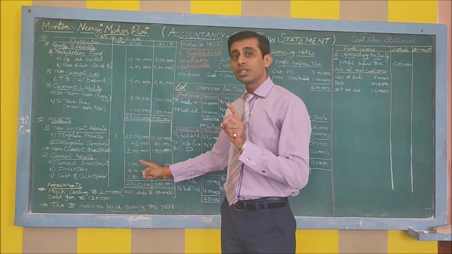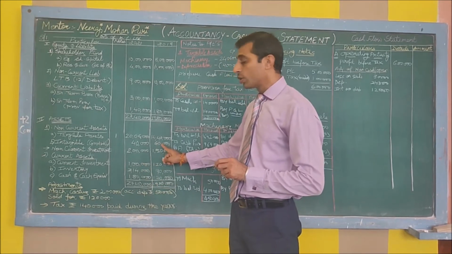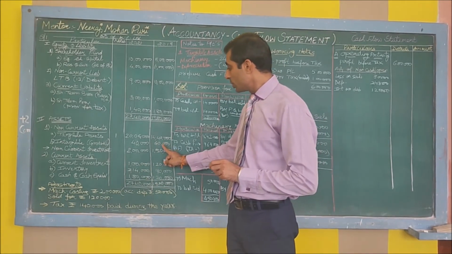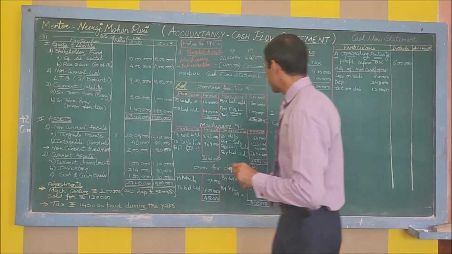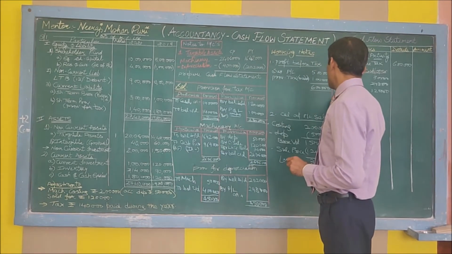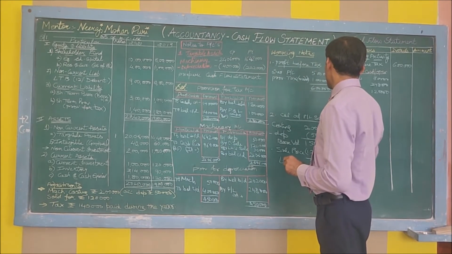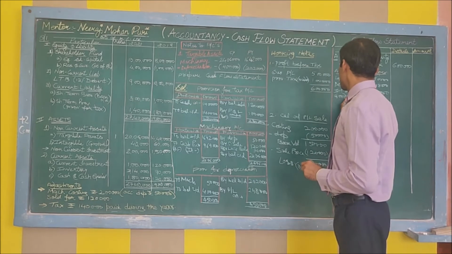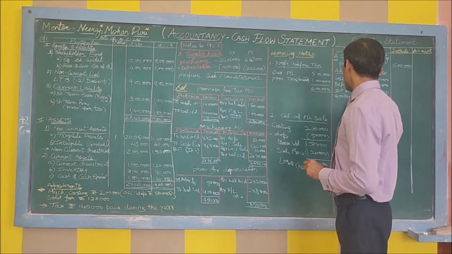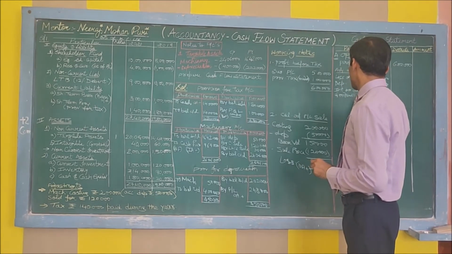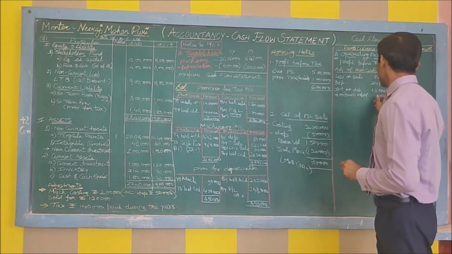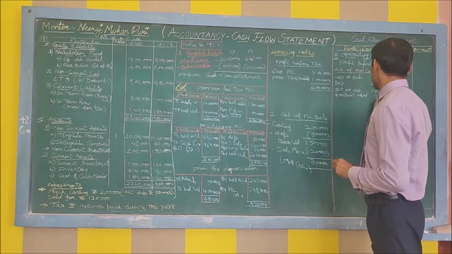Not current year minus previous year for the goodwill item. So this is 60,000 minus 40,000, positive. When it is positive we will show it in operating activity. So this is called goodwill written off. Goodwill is written off, positive amount 20,000.